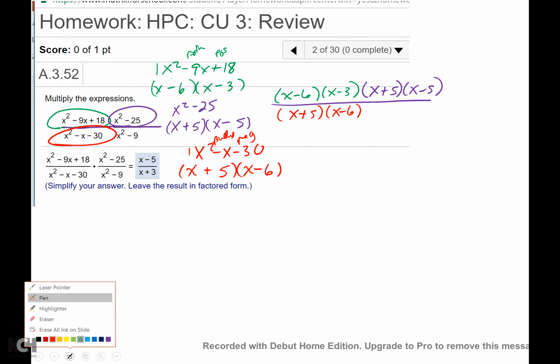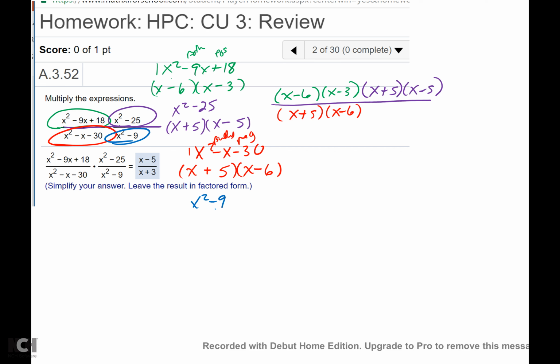And then finally, the bottom of this one, x squared minus 9, is difference of squares, so bino, plus and minus. Square root of x squared is x, square root of 9 is 3. So I can rewrite that as x plus 3 times x minus 3.